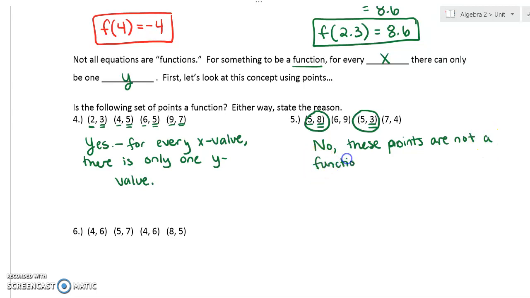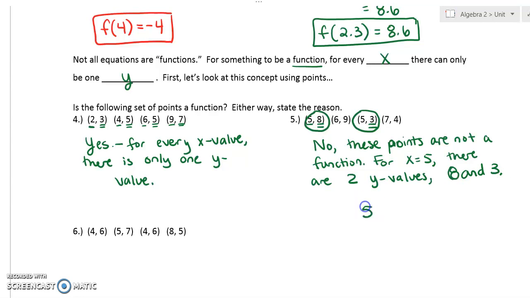And the reason is because for x equals 5, there are 2 y values, and that is 8 and 3. So 1 x should not have two things it's approaching, and in this one it is.